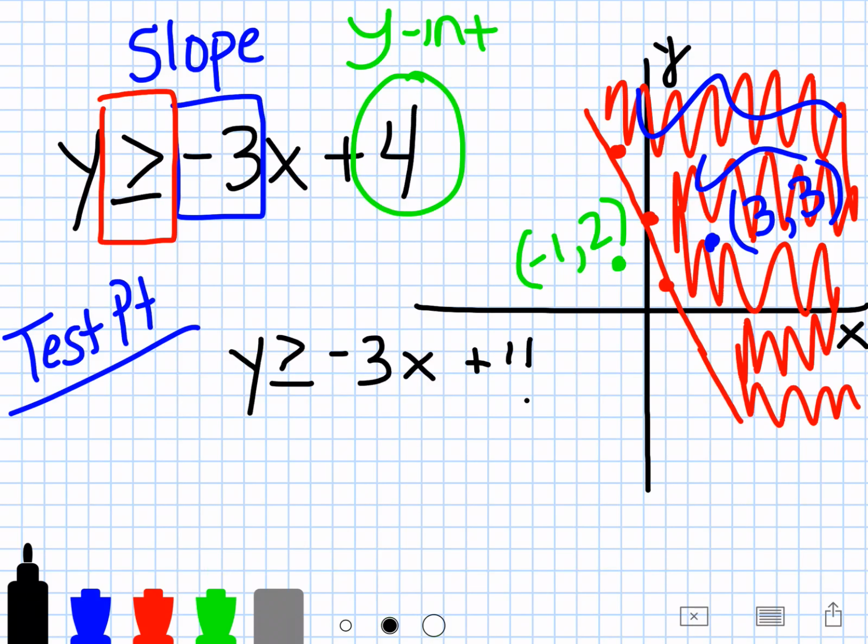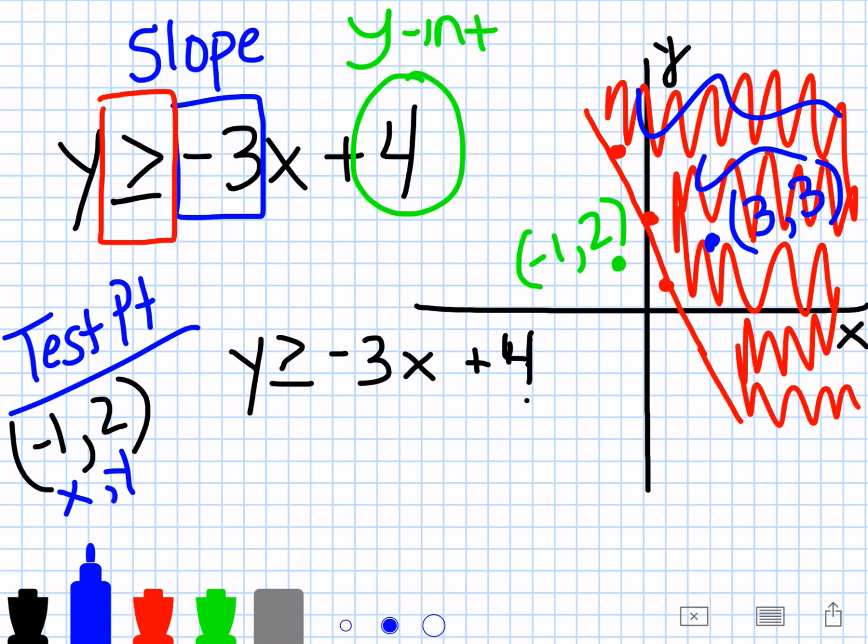So now I have a test point of negative 1, positive 2, and in my original problem, y is greater than or equal to negative 3x plus 4. I'm going to substitute my test point. I have an x test point of negative 1, and my y value will be a positive 2. So instead of writing y, I'm going to write positive 2 is greater than or equal to negative 3 times negative 1, because that's my test point, plus 4.